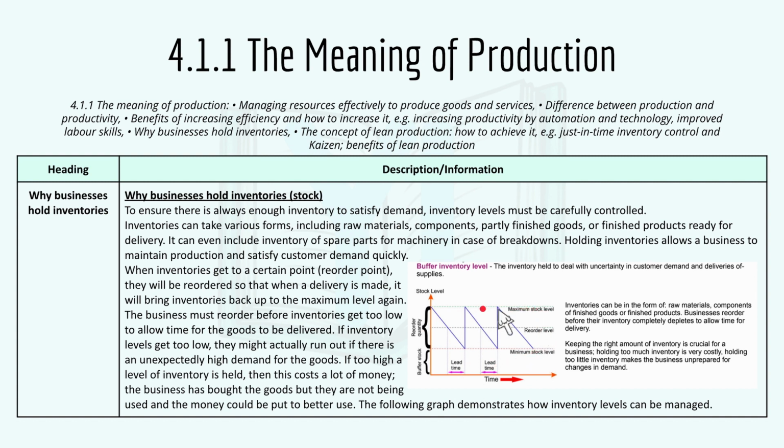We have the maximum stock level, the reorder point or level, and the minimum stock level. As I mentioned, the inventories can be in the form of raw materials, components, or finished products. And here are just the different annotations, like the buffer stock and the reorder quantity.